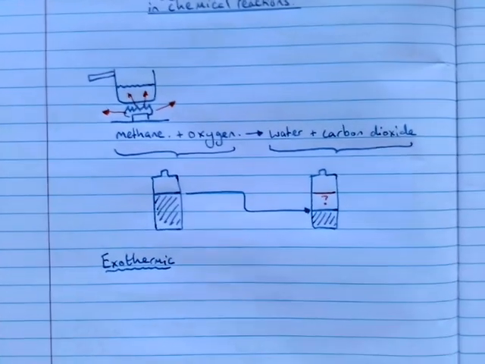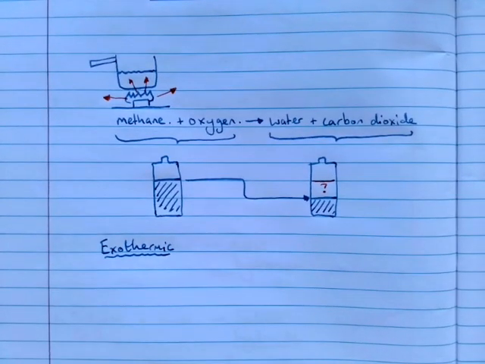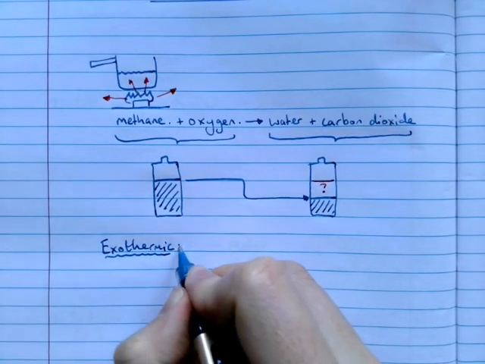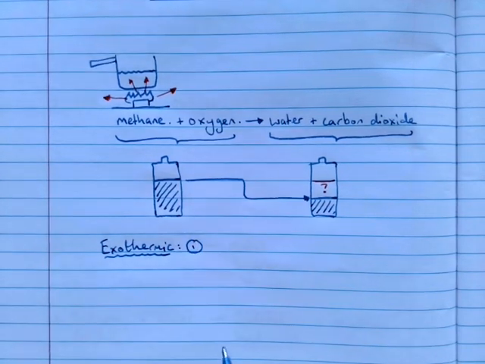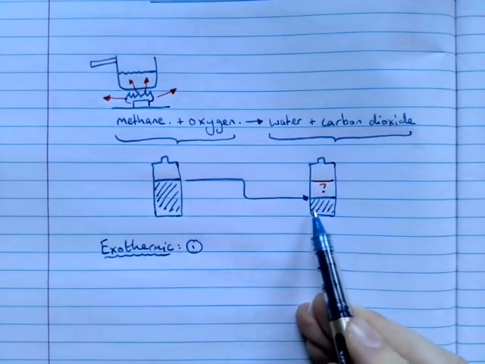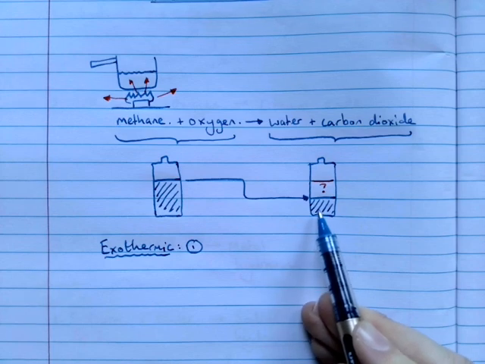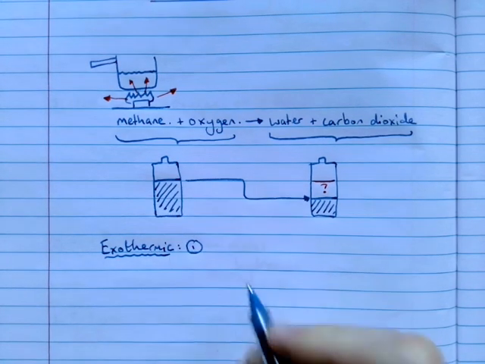All right, and so we can say a few different things about an exothermic reaction. Number one, we can see that here the chemical energy is lower in the products than it is in the reactants.